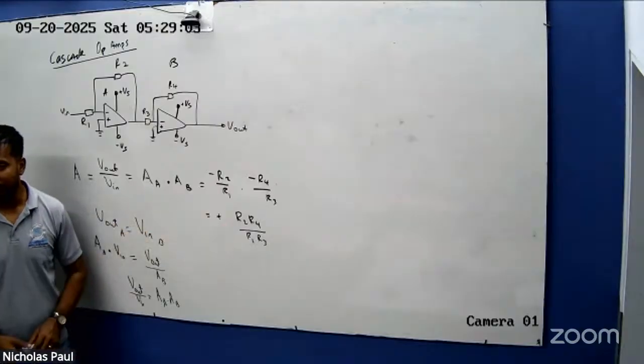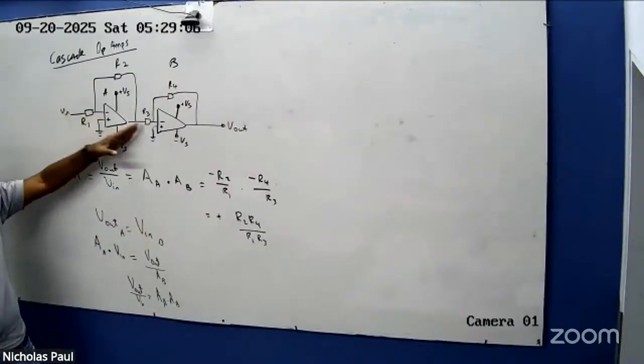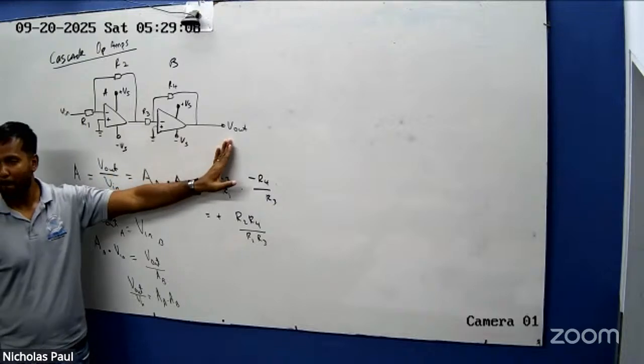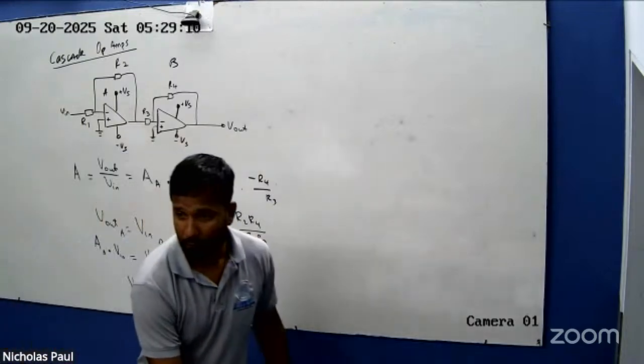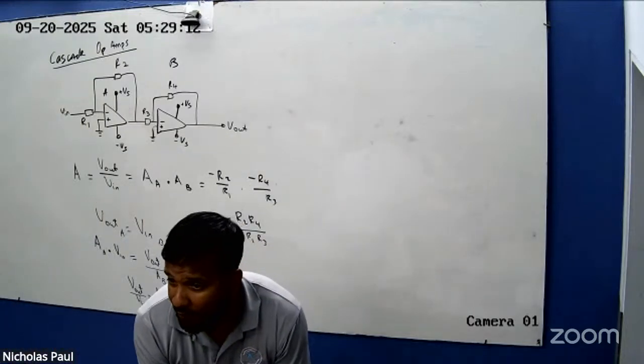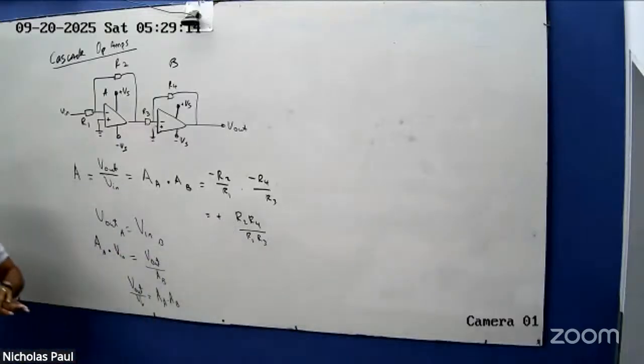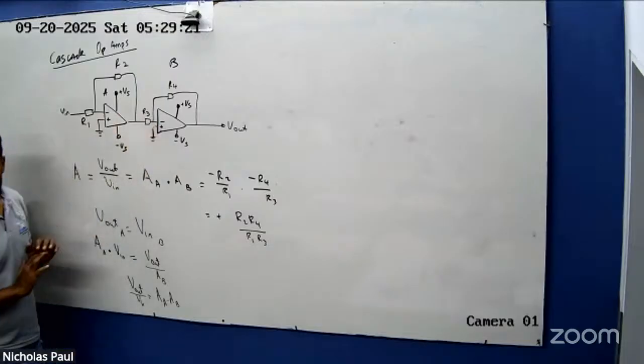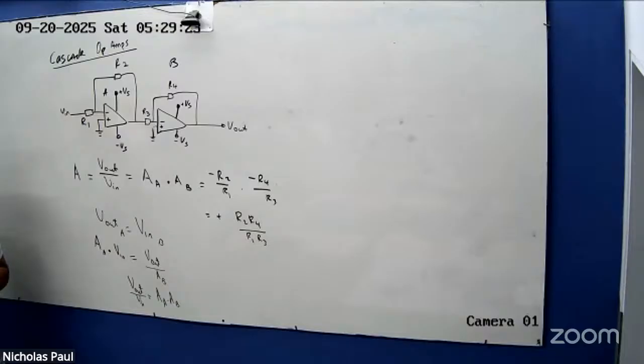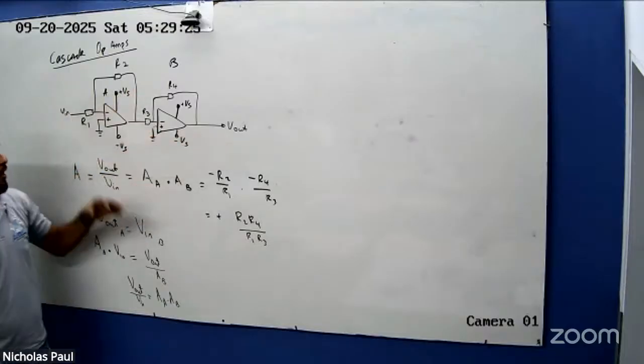You okay with that? Are you with me there? So in short, to make it simple, when you have cascade cells, you multiply the individual gains. Okay? And if you know the gain, you can find V out if you have V in.